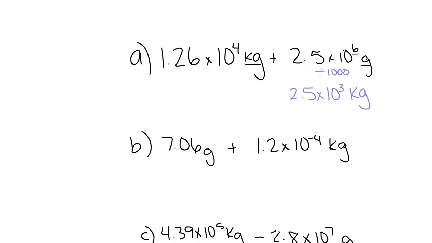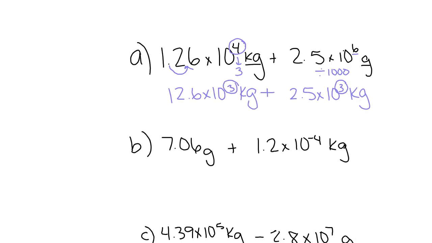Now, when we do addition and subtraction with scientific notation, we want to try to get these two numbers to be the same. So if we turn a 4 into a 3, that would be the same as if we move this decimal place here and we subtracted 1 to make this a 3, and then we get 12.6 times 10 to the 3rd kilograms.